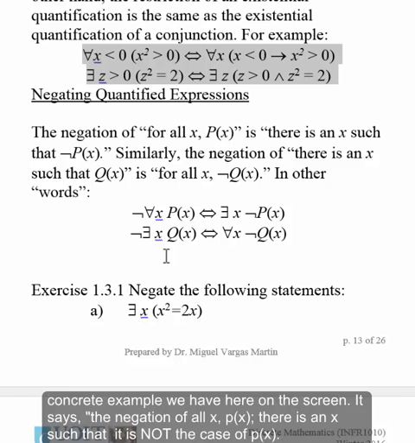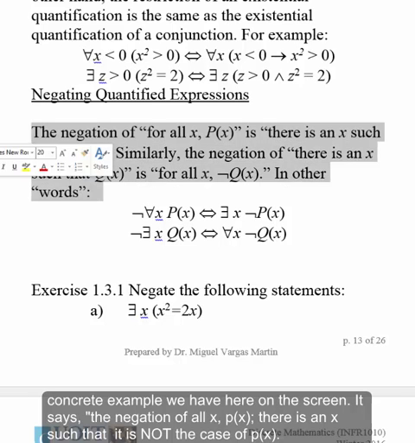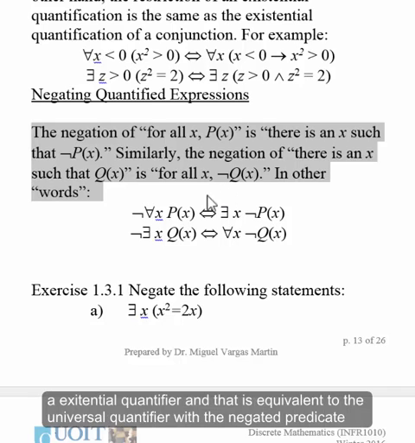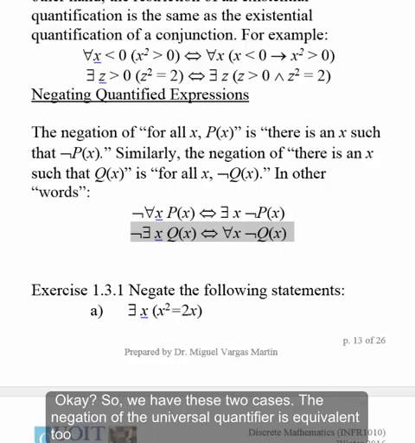Let's take a look at this concrete example on the screen. The negation of for all x, p of x, is there is an x such that it's not the case that p of x. And then you have the negation of an existential quantifier, which is equivalent to the universal quantifier with the negated predicate. So we have these two cases.